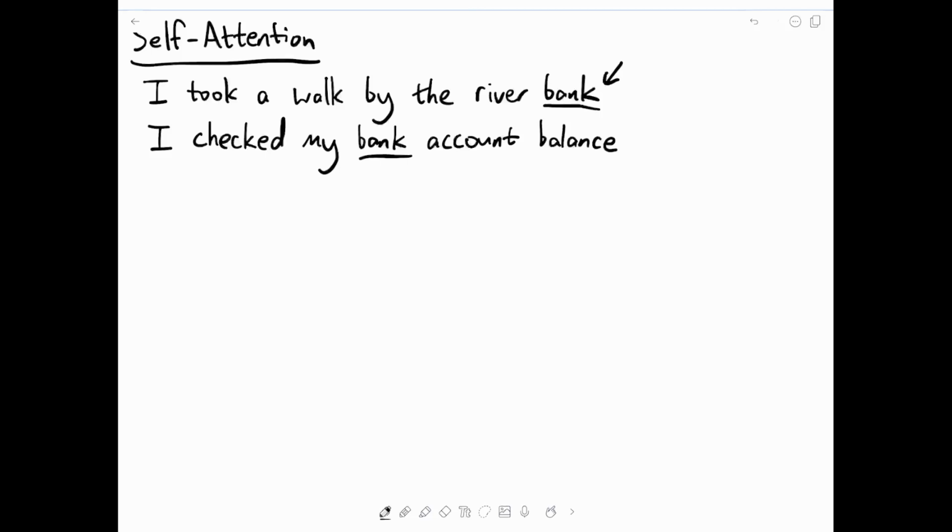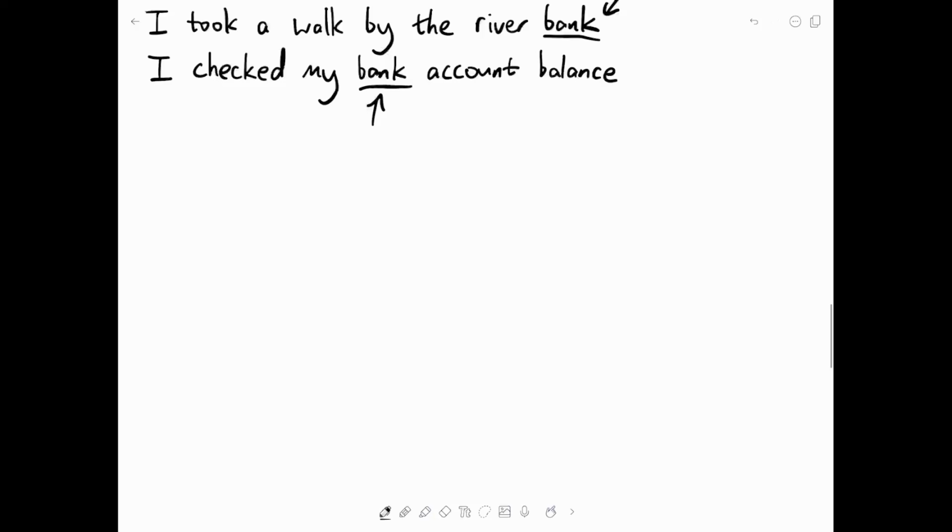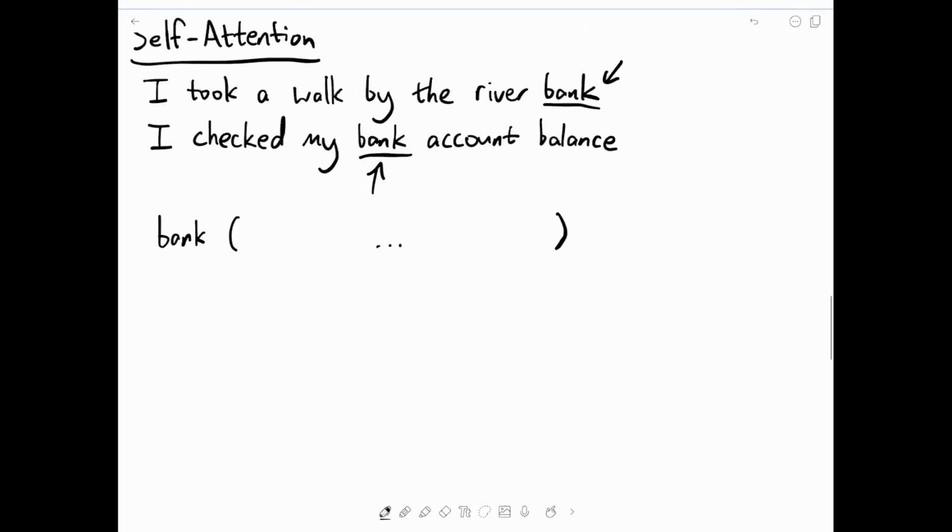The first refers to a riverbank, and the second refers to a financial bank. And so it doesn't really make sense to use just the vector that's associated with bank. We need to consider the context, meaning the other words surrounding the word bank in the sentence, in order to infer what the word bank means in that sentence.